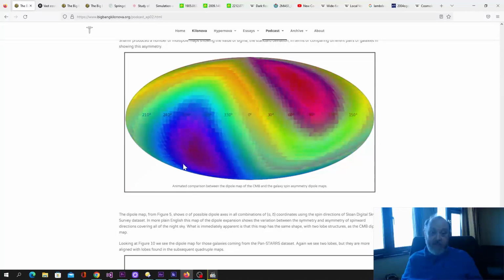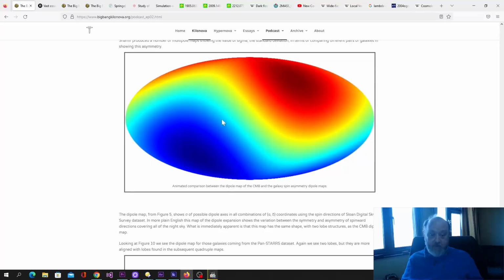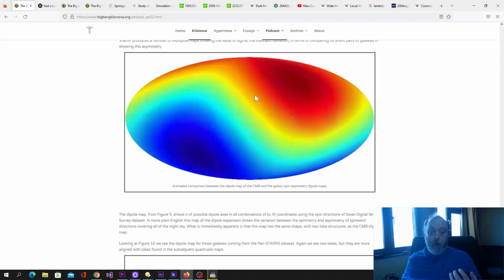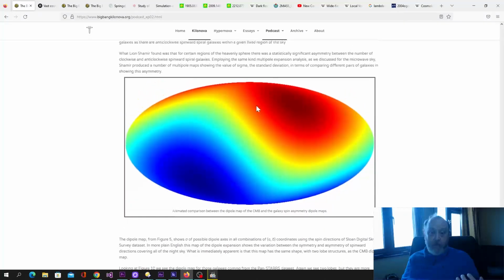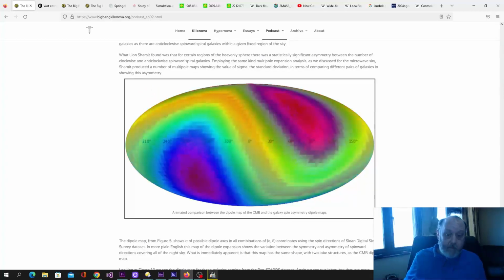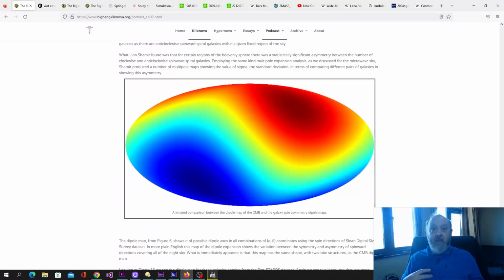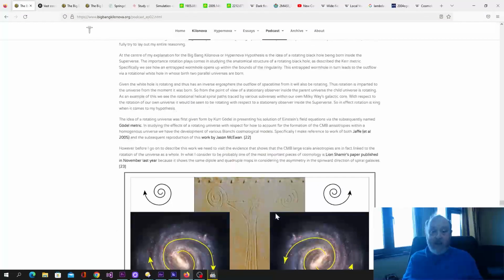And this is the case that I'm putting here. This dipole that we see matches up with an observable cosmological parameter, being the asymmetry in the spinward direction of spiral galaxies.